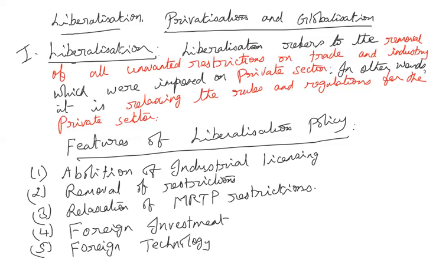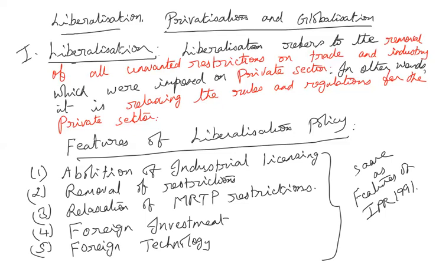So these are all the same as the features of IPR 1991. So all these are the liberalization features. Okay. Then the next one is, so what is the purpose of liberalizing the rules and regulations on the private sector? Because the government wanted the private sector to participate in the growth of the country.